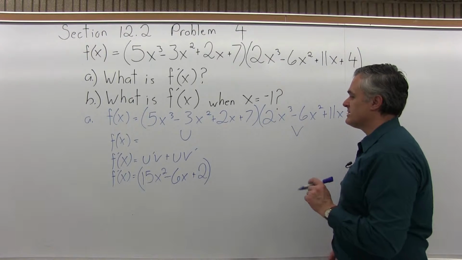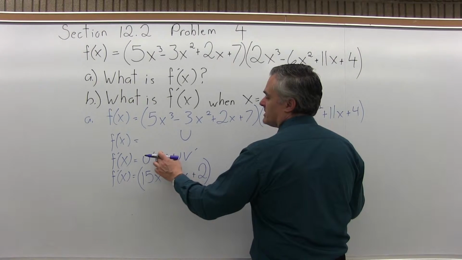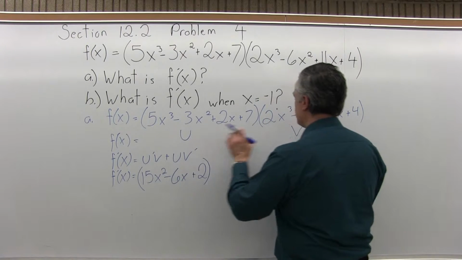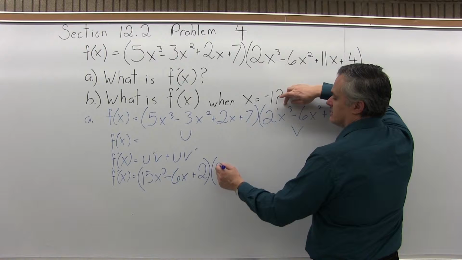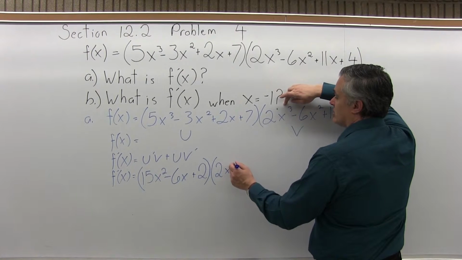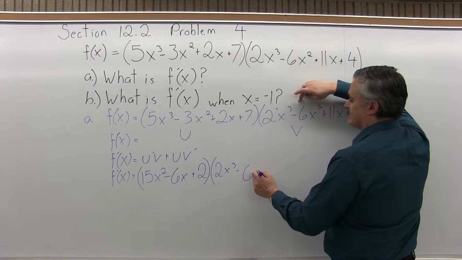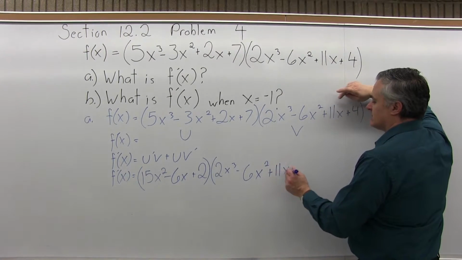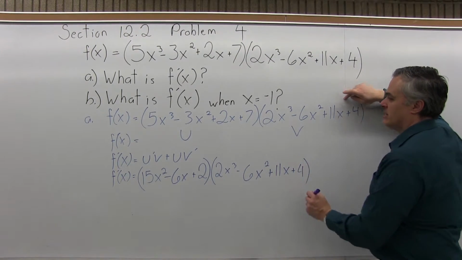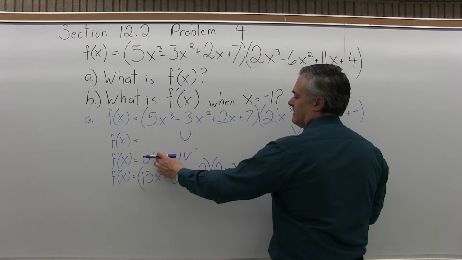I'll close my parentheses. The next piece of the formula says just v. No prime, just v, the second set of parentheses. So I'll just copy them as is. 2x to the third minus 6x to the second plus 11x plus 4. That's v.